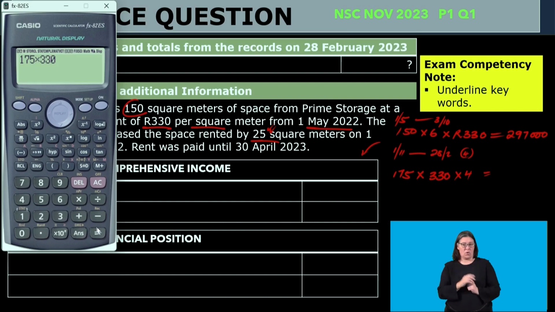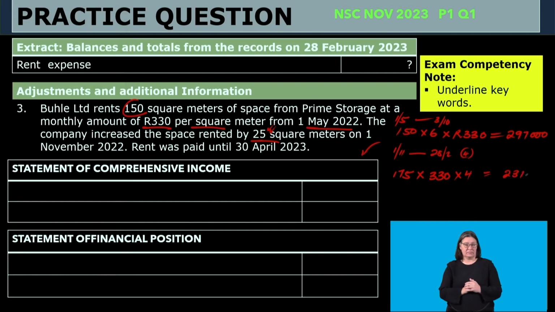That is what we're paying per square meter. Then I now say this was for the 4 months. That means I get 231,000. That is what I get for these 4 months. 231,000.